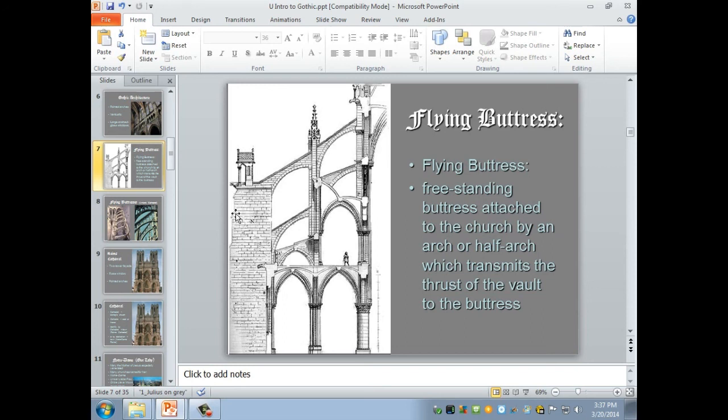So there's a kind of space between the buttress and the nave wall. And that's bridged by these curving forms. They said arches or half arches. And also pinnacles, masonry sections, which you see here, this little pointed section that adds more weight.